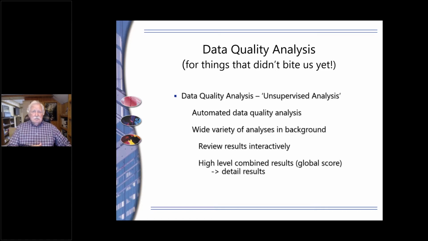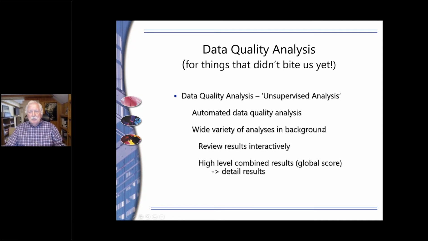Well, what else is lurking in the data? And that's the newer area that we added about two versions ago. We call it, as I mentioned, data quality analysis, which is an unsupervised capability, and it does automated data quality analysis without having to tell the system what to look for. It's just to say, okay, have at it, see what you think.